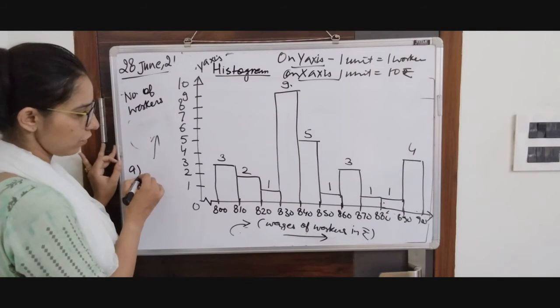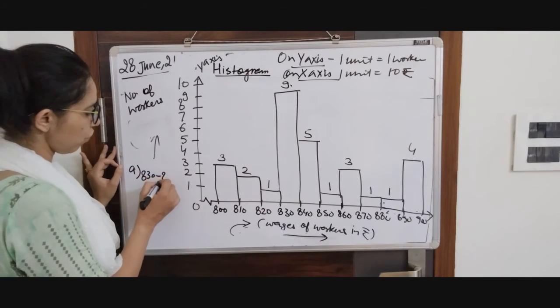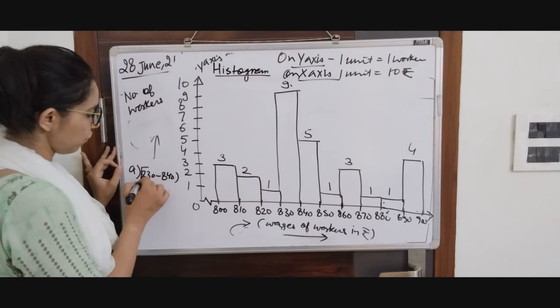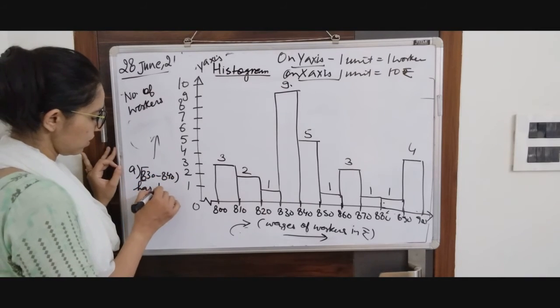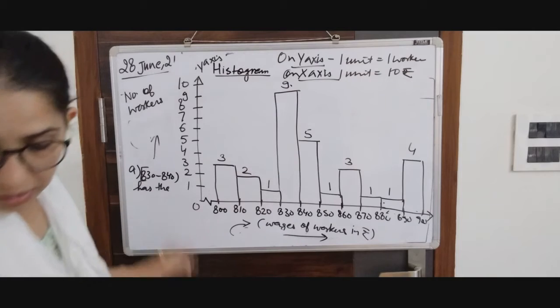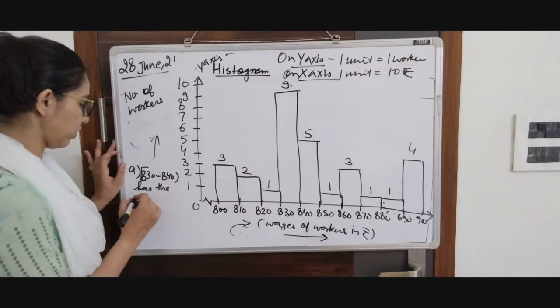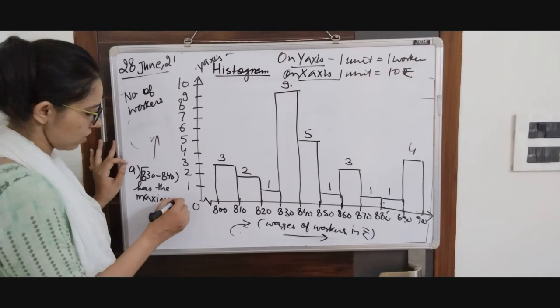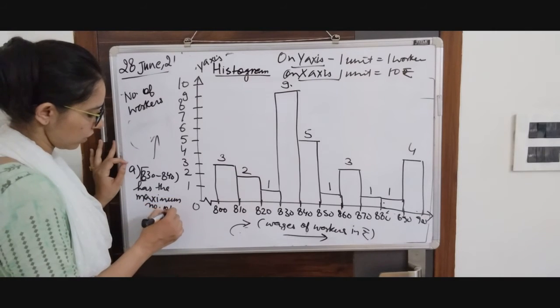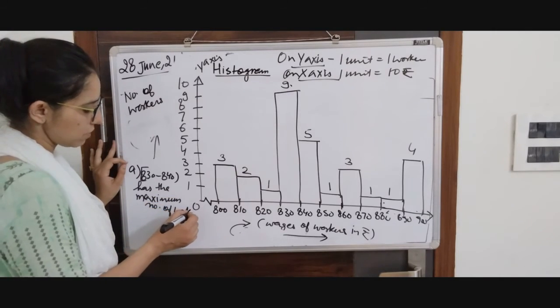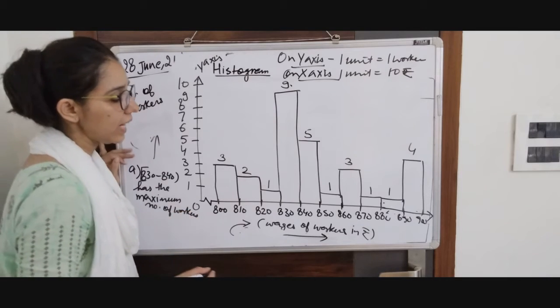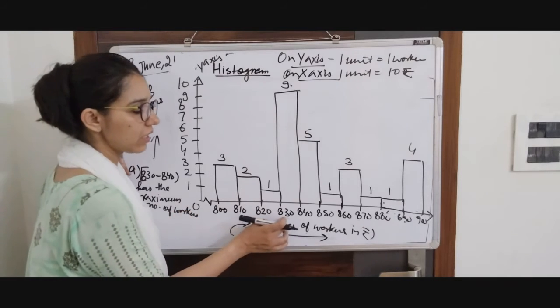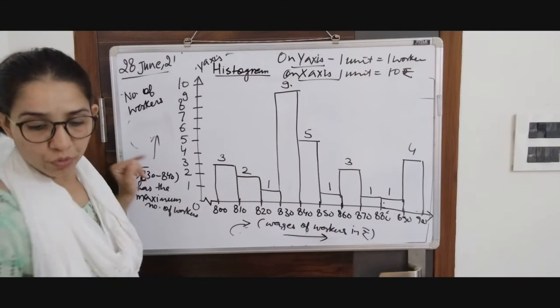So the answer will be the 830 to 840 class interval has the maximum number of workers. So maximum number of workers are getting wages between 830 and 840 rupees.